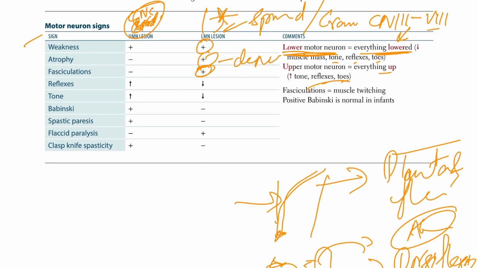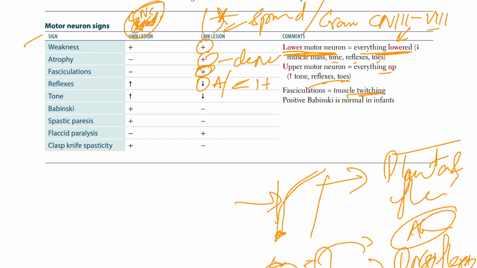Fasciculations will be there, which are muscle twitching, also occurring due to denervation of affected muscles. A small group of muscles twitching or contractions is called fasciculation, right? You would have decrease in reflexes, hyporeflexia or areflexia. Again, less than 1 plus.